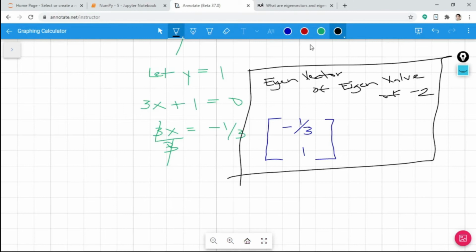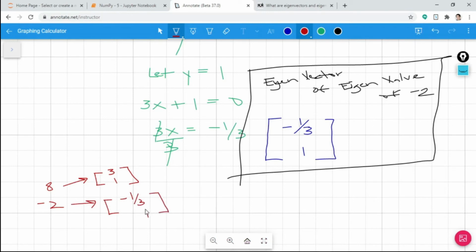Okay, so to sum up, we got the eigenvalues of 8 and negative 2. So for 8, I think we have 3 and 1. For negative 2, we have negative 1/3 and 1.